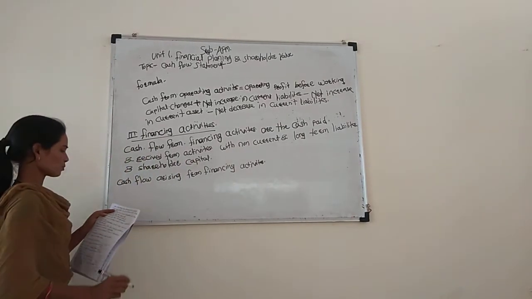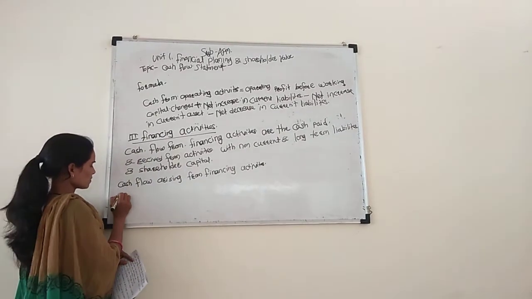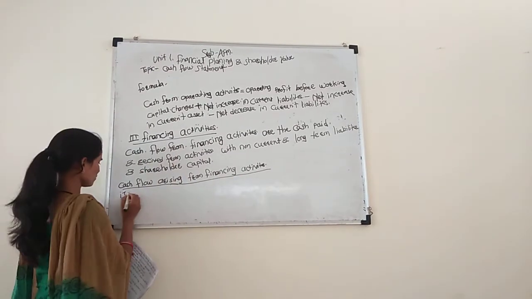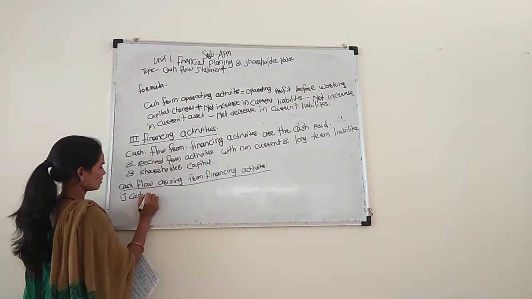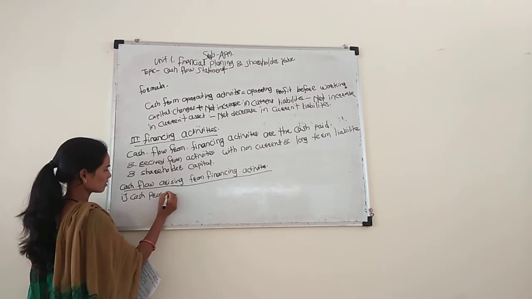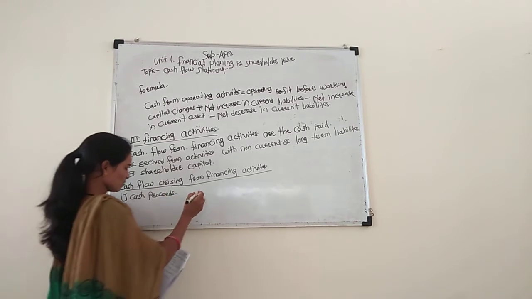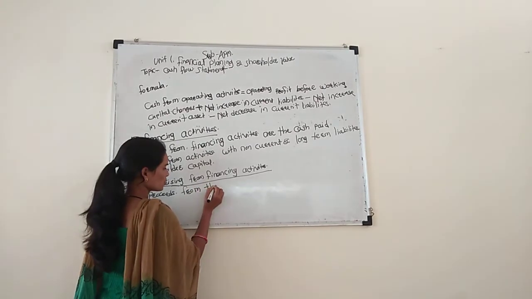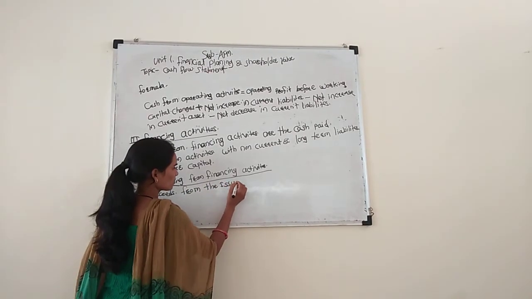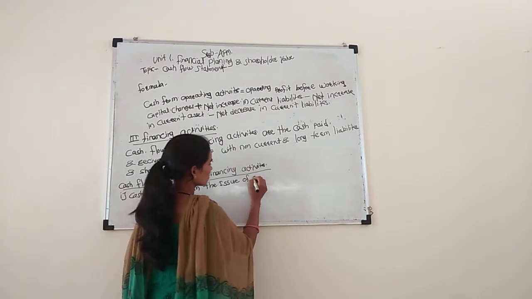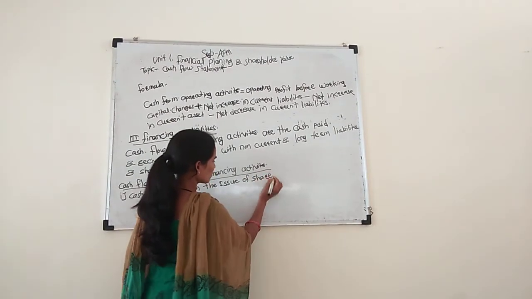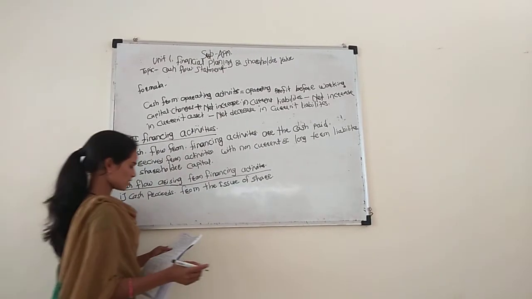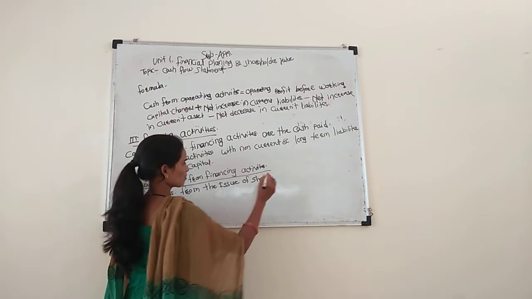The first one is cash proceeds from the issue of shares or other similar instruments.